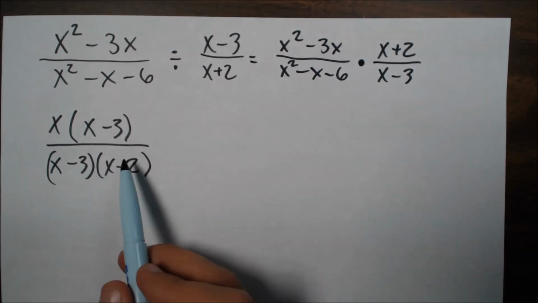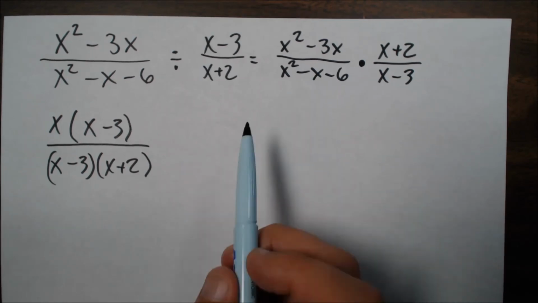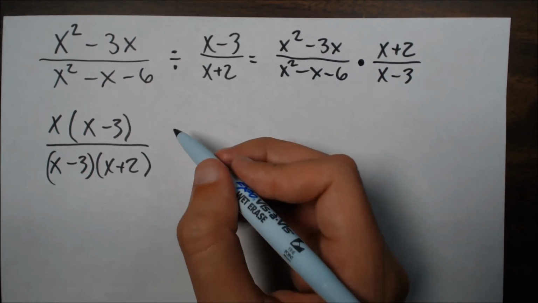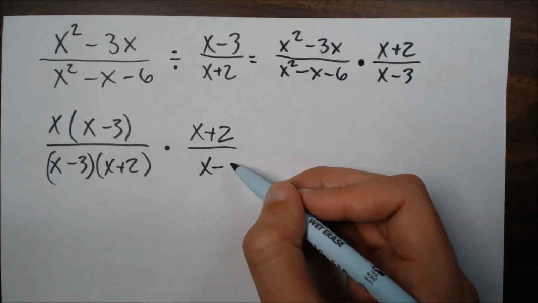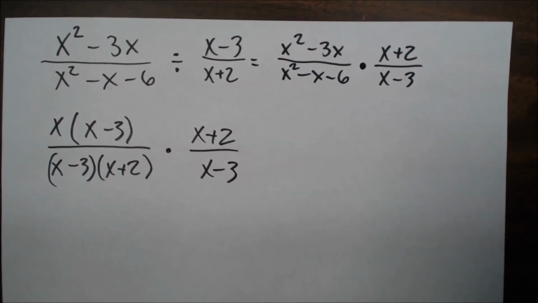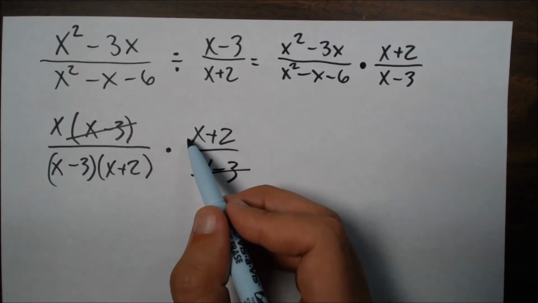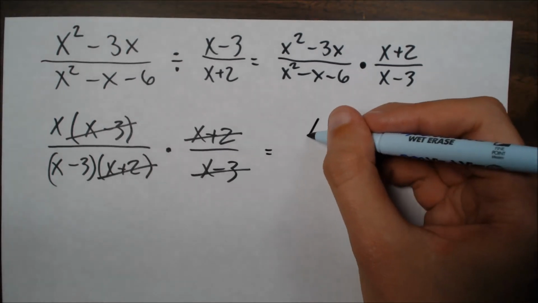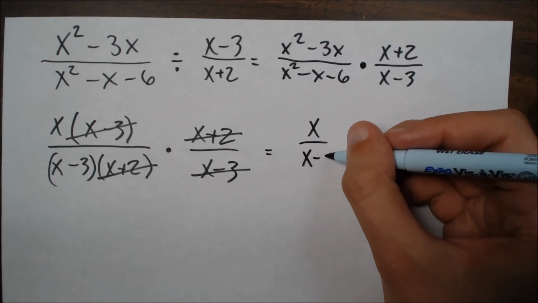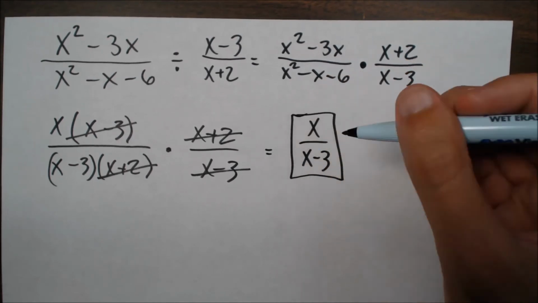Check, they multiply to make negative 6, and they add up to make negative 1, which is the number here, times x plus 2 over x minus 3. Well, does anything cancel? Let's see, we've got an x minus 3 that cancels. You've got an x plus 2 that cancels. Actually, all you're left with is x over x minus 3, so we really didn't even have to multiply anything. And there you go.